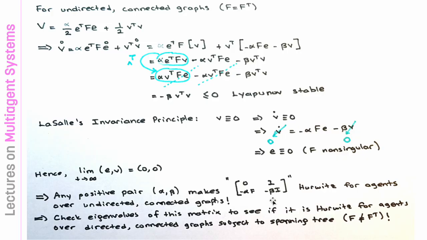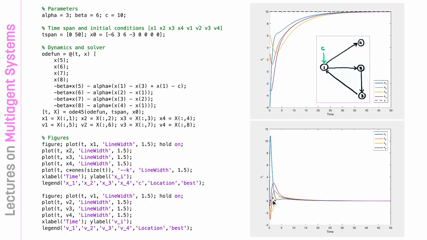Even if you have a spanning tree, you can take the same example. I did this yesterday, so I rely on my brain, but I think in either one of these situations, I created an unstable agent trajectory, since this graph is directed subject to a spanning tree.